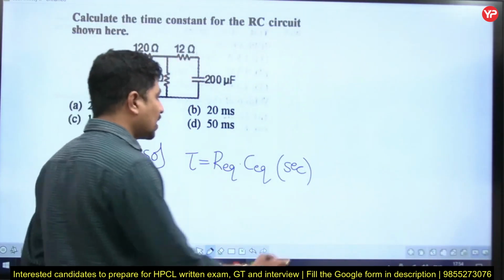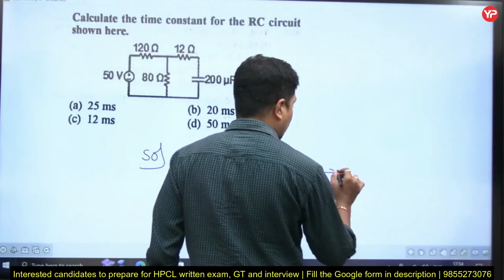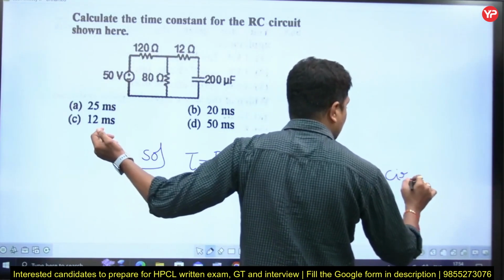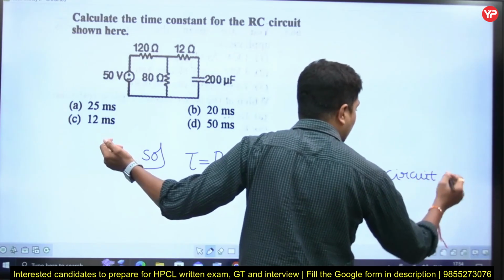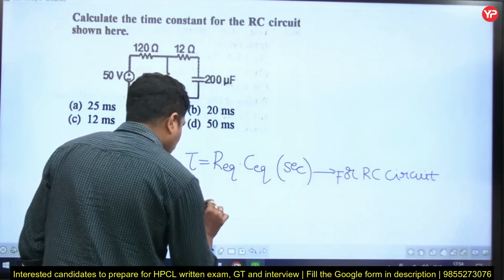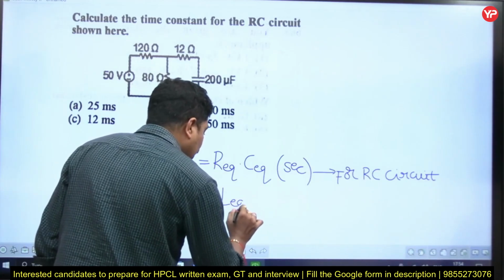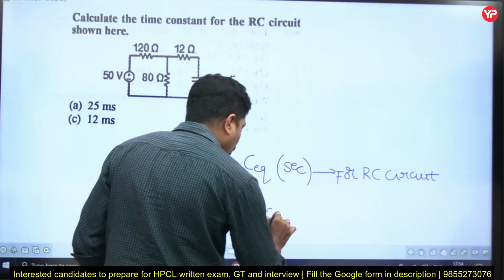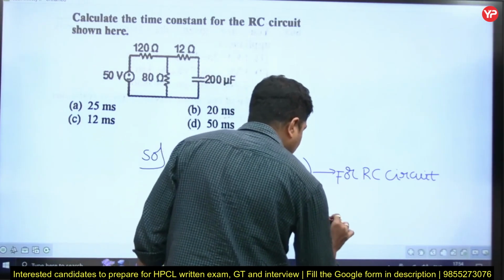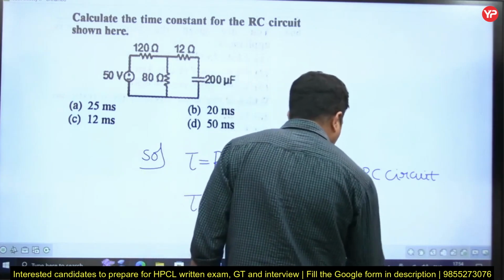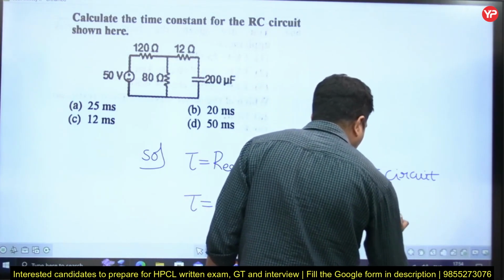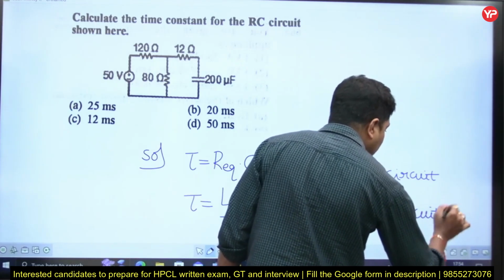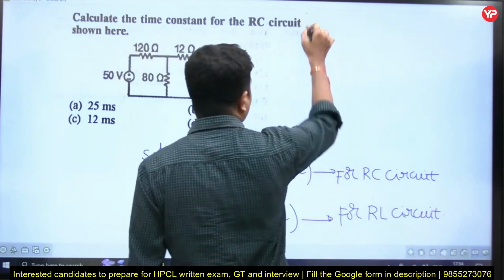This is for the RC circuit, which has only R and C. In the same way, for the RL circuit tau is equal to L equivalent by R equivalent. Time constant units are seconds only.